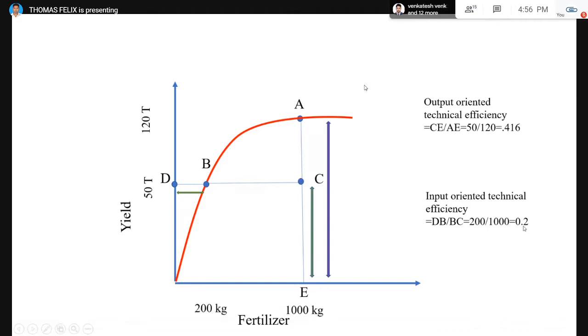That means Chinnasamy farmer can achieve the same level of output, that is 50 tonnes, with 0.2 of the input. Chinnasamy farmer is using 1000 kgs of fertilizer, but he can achieve the same level of output with 0.2 of the input. This is the case of input oriented technical efficiency.